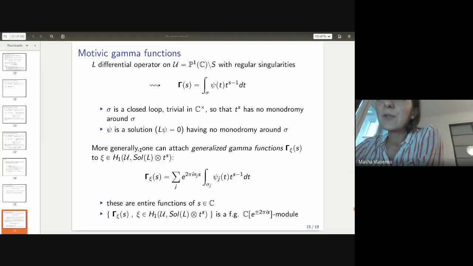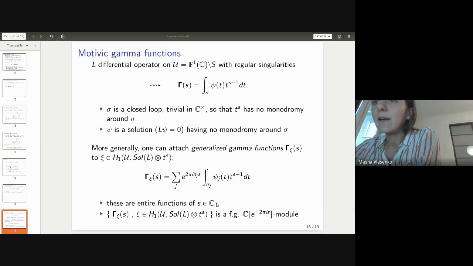What you see here are just solutions times t to the s, and they are coupled to loops in a way that, since the symbol is in homology, makes this sum well defined, as before when we had a closed loop and invariant things, so that everything is well defined. Let's just skip the details, but we can consider such gamma functions.